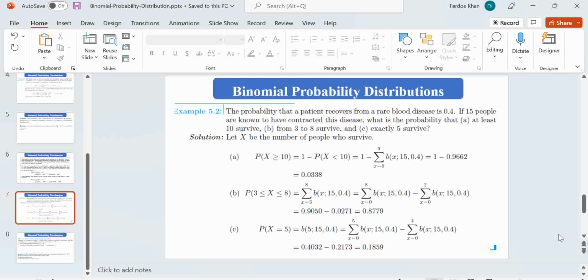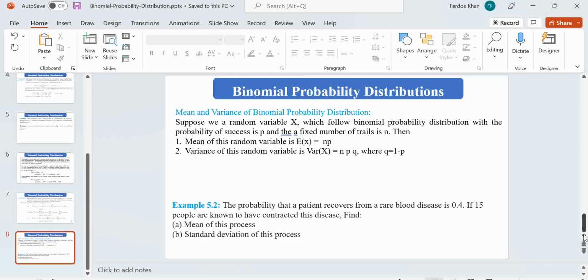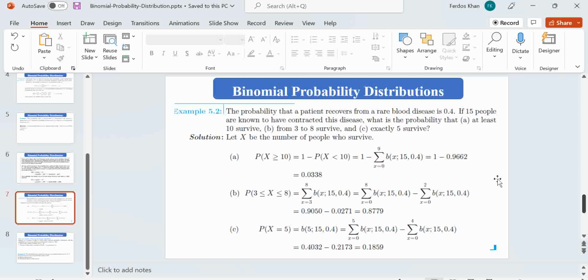B, from 3 to 8 survive, and C, exactly 5 survive. So you can solve this problem just by doing.